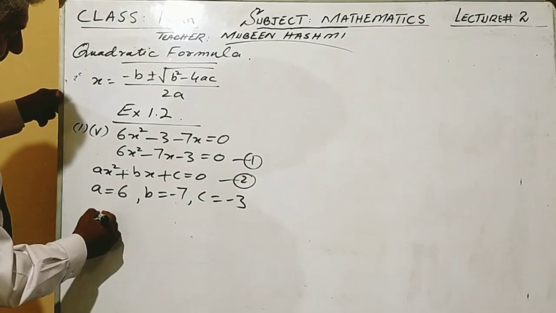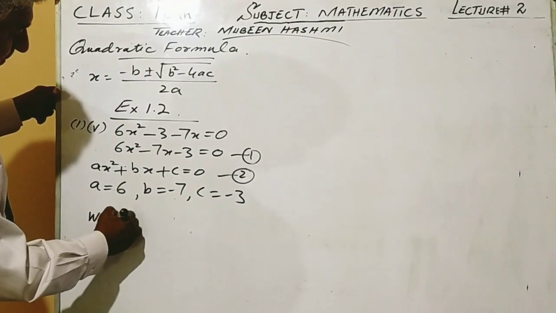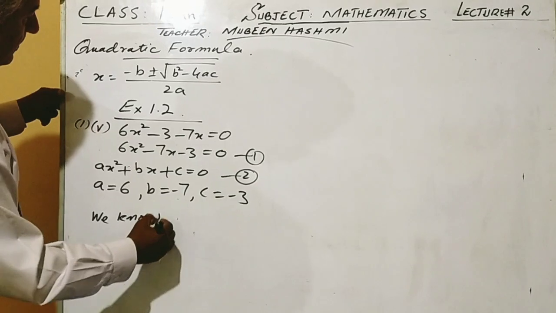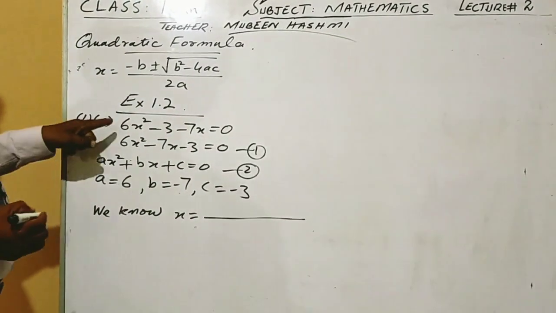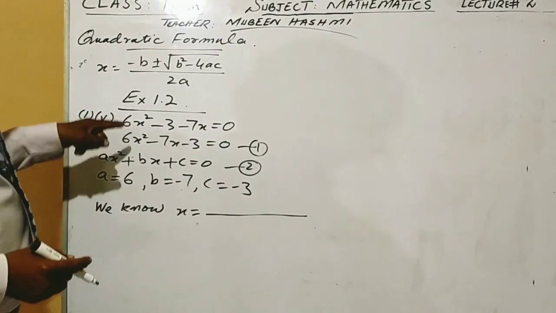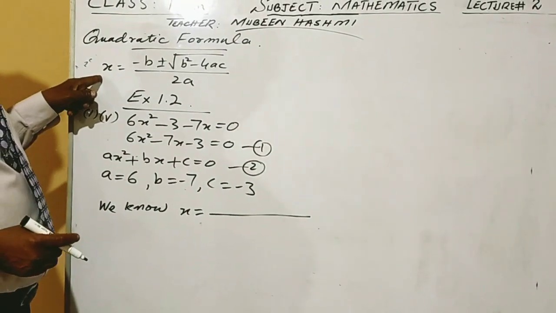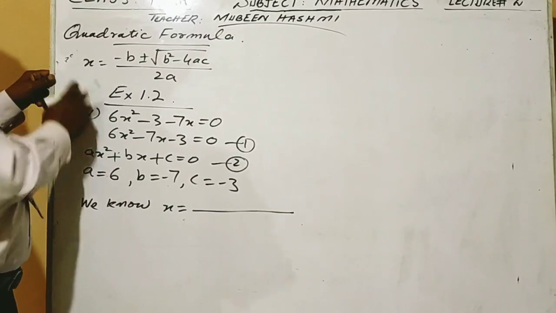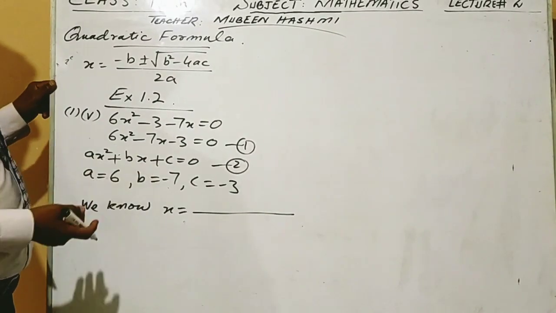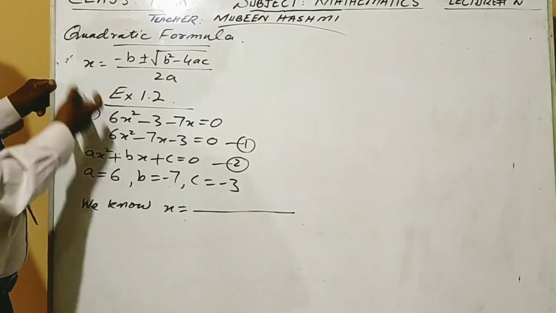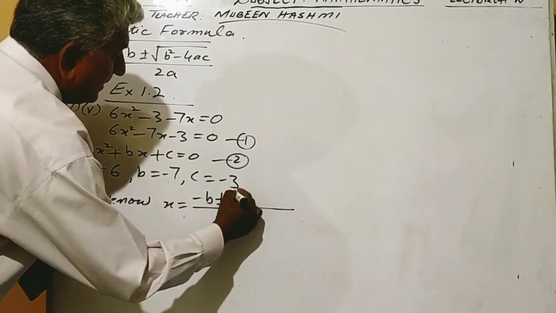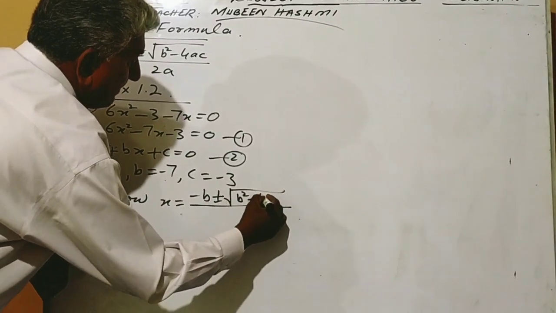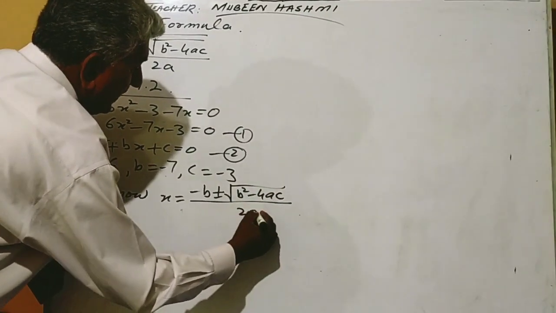Now you should start the quadratic formula. How will you use it? We know x is equal to, and if the variable in the question is y, then you should write y in the formula. If the variable in the quadratic equation is x, then you should write x is equal to minus b plus minus under root b square minus 4ac over 2a.